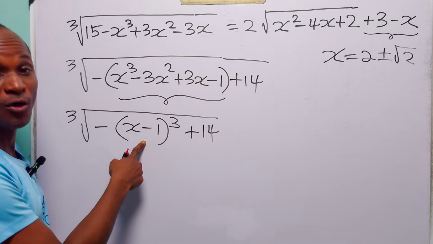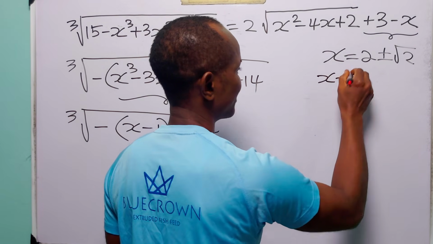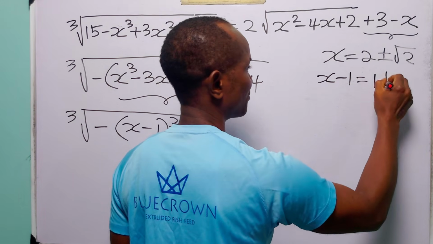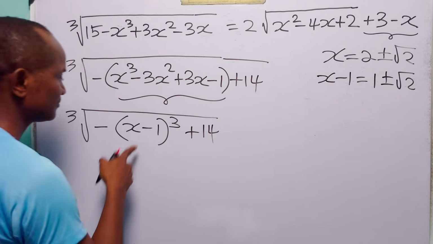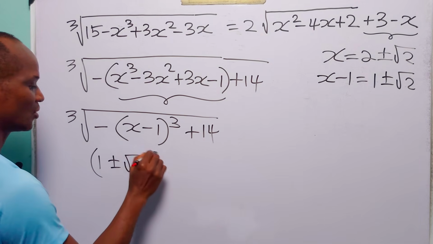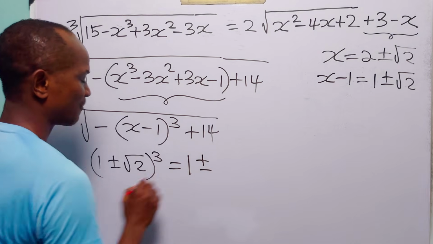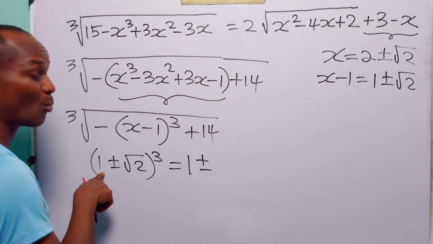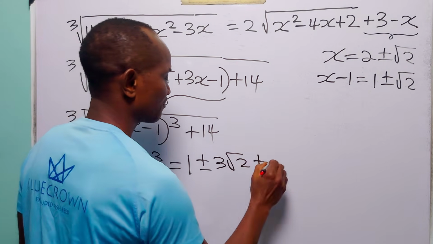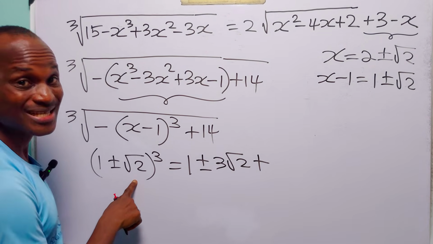Now, let us find the value of x minus 1. X is equal to 2 plus or minus root 2. So, x minus 1 is going to be 2 plus or minus root 2 minus 1, which is 1 plus or minus root 2. Let us evaluate (1 plus or minus root 2) cubed. This is equal to 1 cubed plus or minus 3 times 1 squared times root 2. That is 3 root 2. Plus 3 times 1 times root 2 squared.